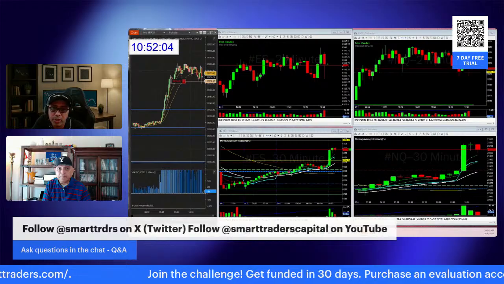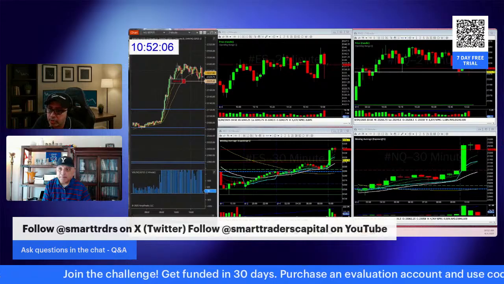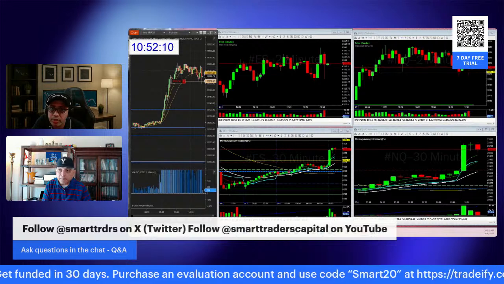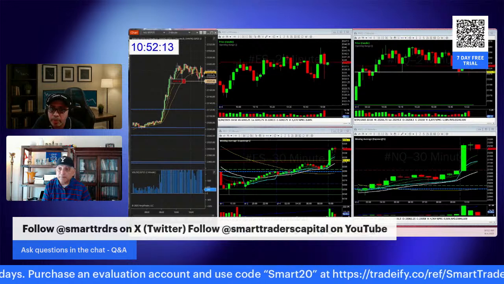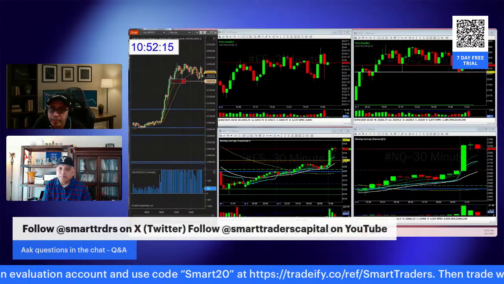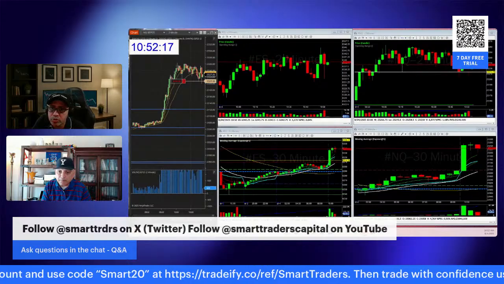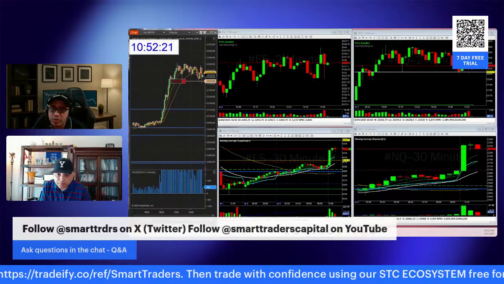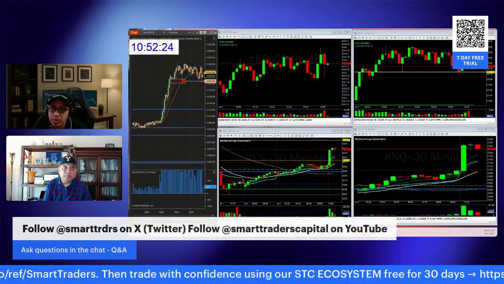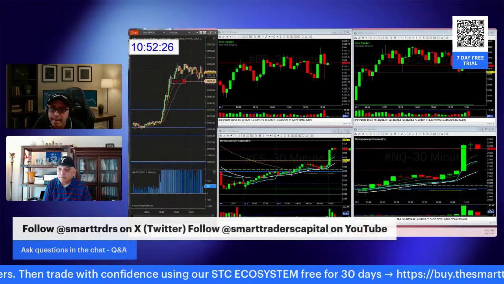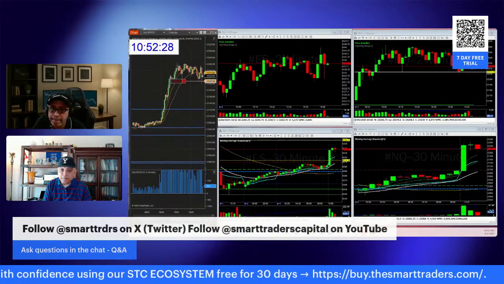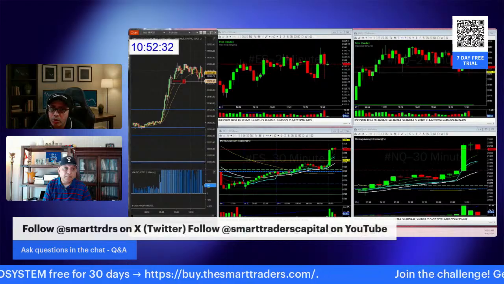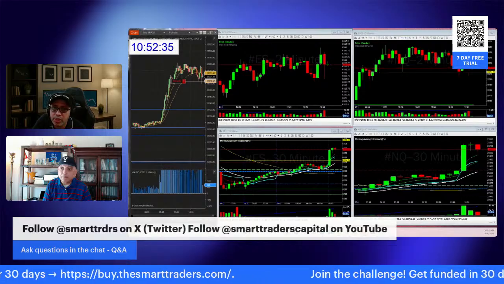I think it's bouncing again. It's a really bearish candle here, but it's still above those prior lows. I want this to come below 23,210.